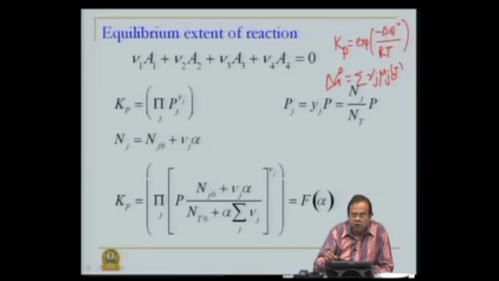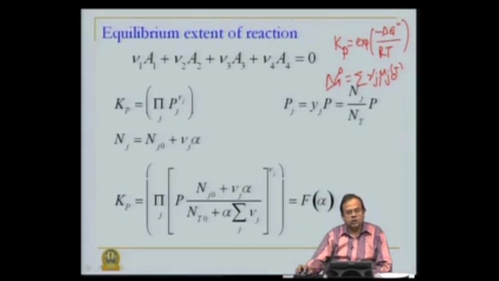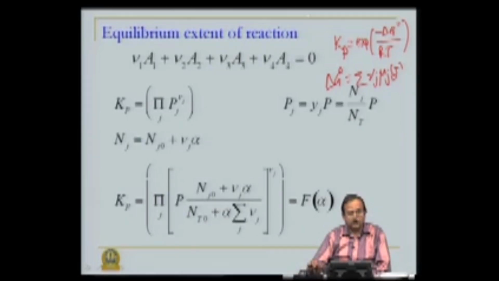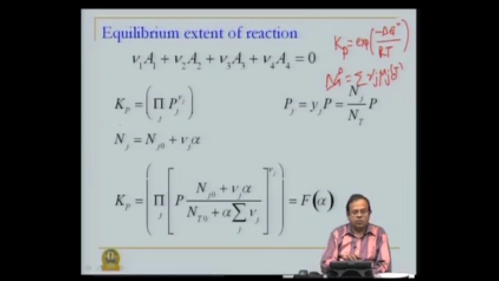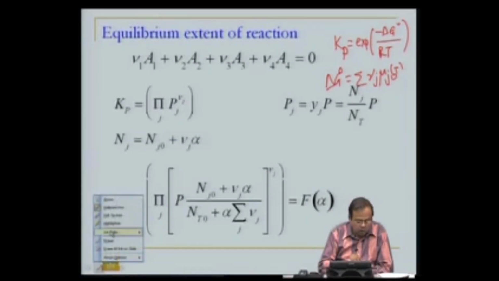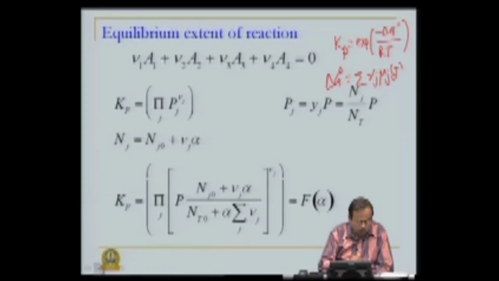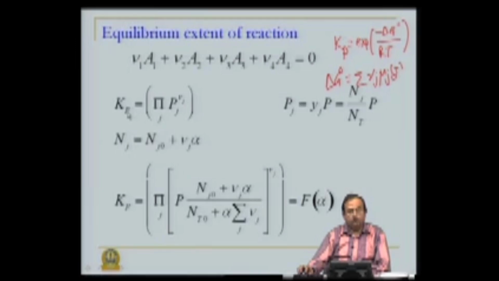My next job, having known this equilibrium constant from thermodynamics, is to calculate the equilibrium extent of reaction, and that is what we will quickly do, going step by step. Let us say that my equilibrium constant is Kp, defined in terms of the partial pressure of j raised to nu j over the product.